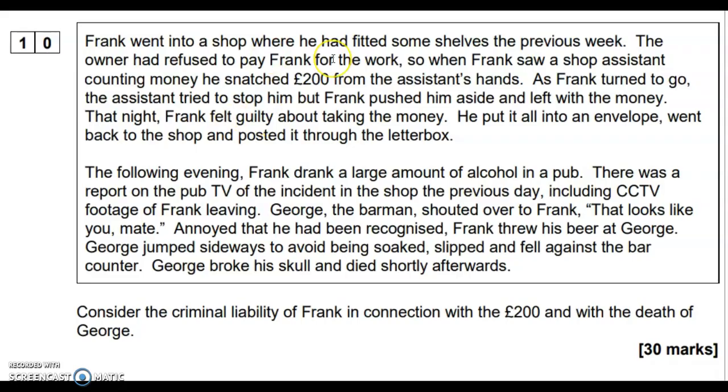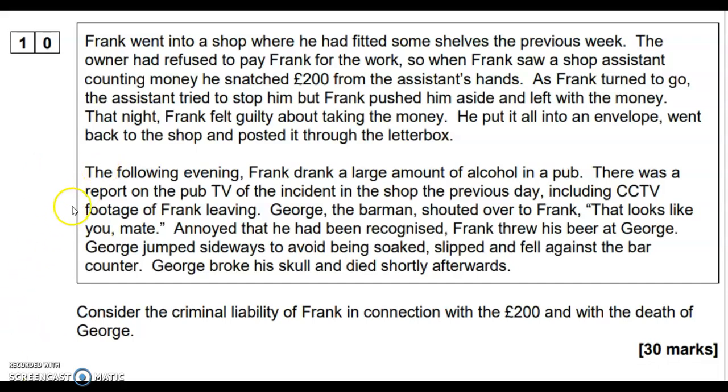And that's when you would go on to talk about the fact that he's snatched £200 from the assistant's hands, so whether that's going to amount to force, and also the fact that he's pushed our assistant aside in order to escape. And that's sufficiently proximate to the seizing of the money, and it satisfies the actus reus requirement for the force to be used, quote, "immediately before or at the time of the stealing", also meeting the mens rea requirement of robbery. And you could use the case of Lockley there.